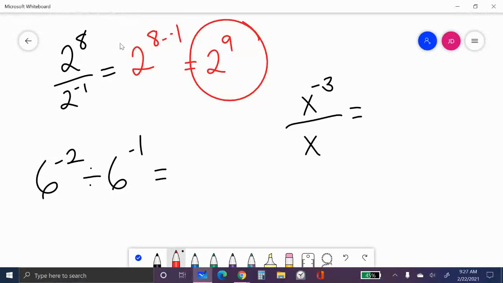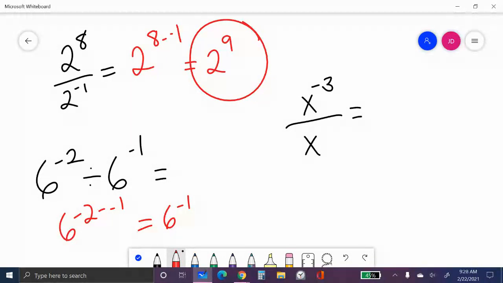Okay, let's look at this one. Keep the base, subtract the exponents. So I'll write it down here. 6 to the -2 minus -1. -2 minus -1 is -2 plus 1, which is 6 to the -1st power.